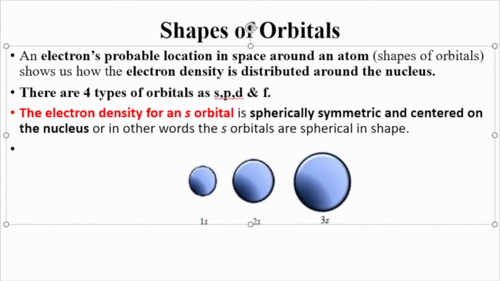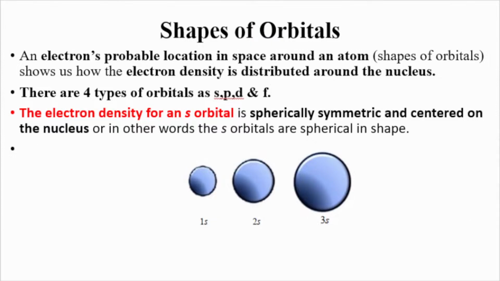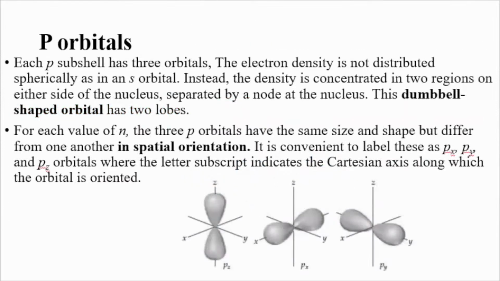The first one is the S orbital. It is spherically symmetric, like a ball. Then the second one is the p orbitals.